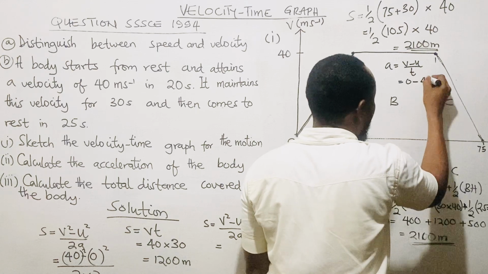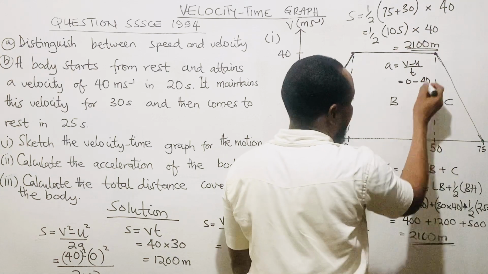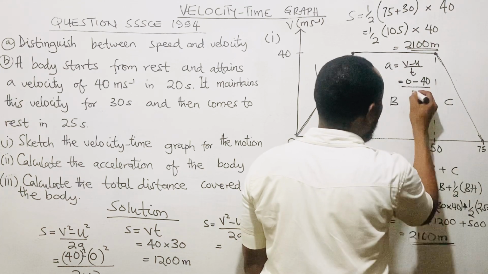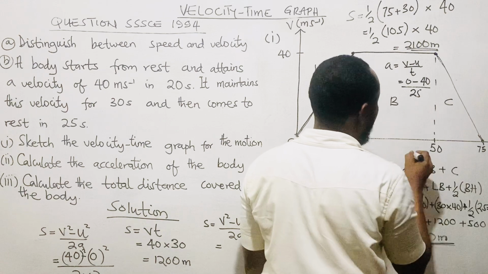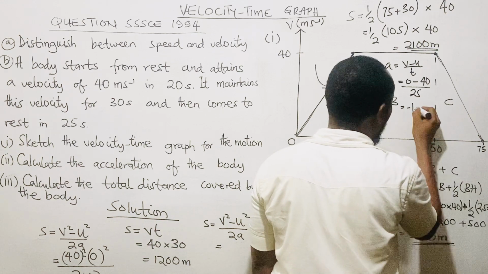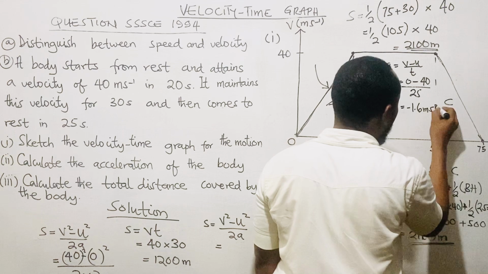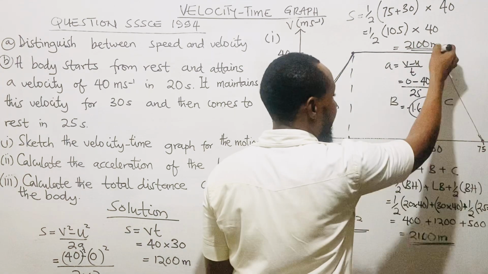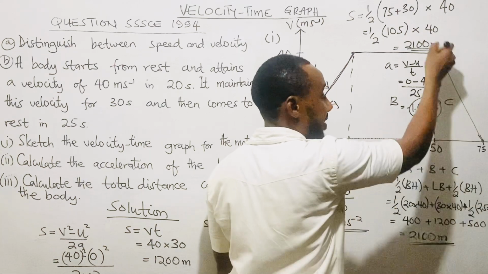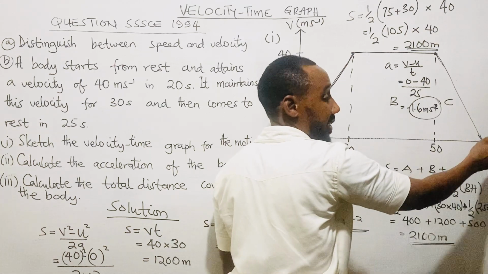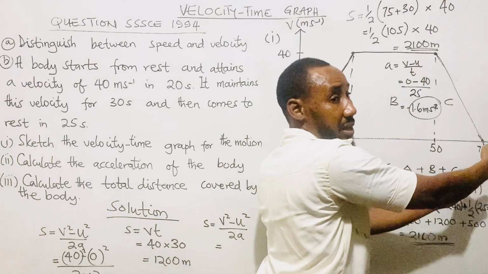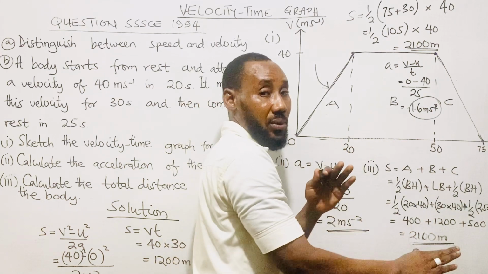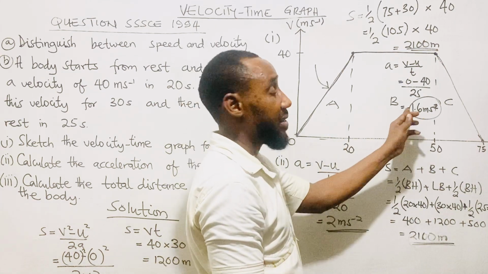So my initial is 40, my final is 0, and the time between the two is 25, right? So this gives me negative 1.6 meters per second squared. That is the deceleration, retardation, or the negative acceleration there. It's negative because the object is coming to a stop. If an object is coming to a stop, its acceleration is negative. That's why we have the negative value there.